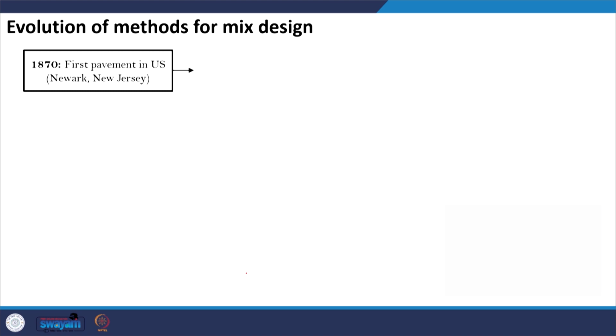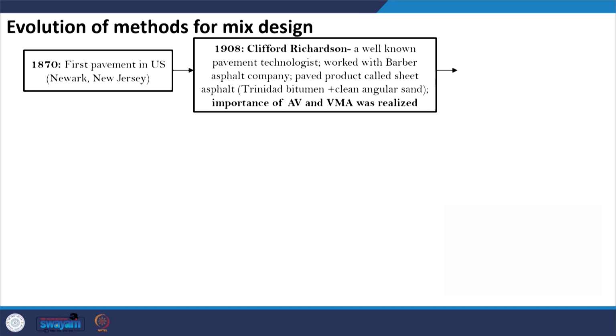The first pavement in the US has been reported to be constructed in 1870 in Newark, New Jersey. Then around 1908, Clifford Richardson, a well known pavement technologist who worked with the Barber Asphalt Company, developed a product called sheet asphalt, which was a mixture of clean angular sand and Trinidad bitumen, which is a natural bitumen.